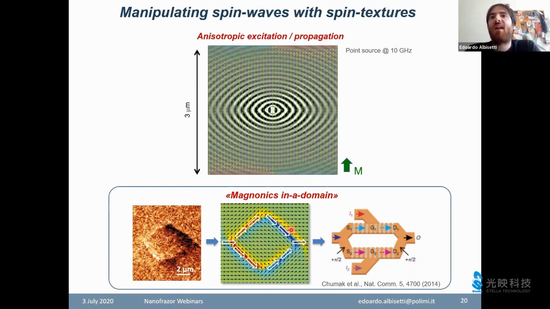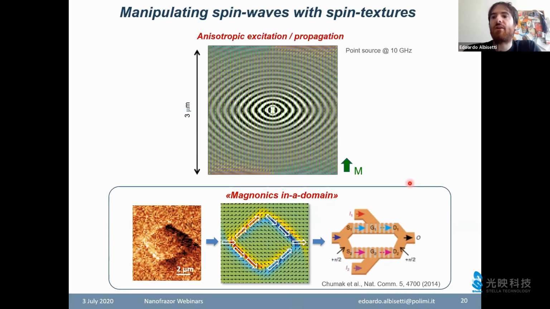Here you see a very naive example of what we could do: magnetic domains where spin waves propagate only on the edge of the magnetic domain and then recombine at the end to build something like a Mach-Zehnder interferometer for spin waves. But instead of having to pattern the waveguides and craft the material, you have it in the magnetic domains. All the functionality is in the magnetic domain, which means that if you rewrite the domain in a different way, you can have a completely reconfigurable functionality.